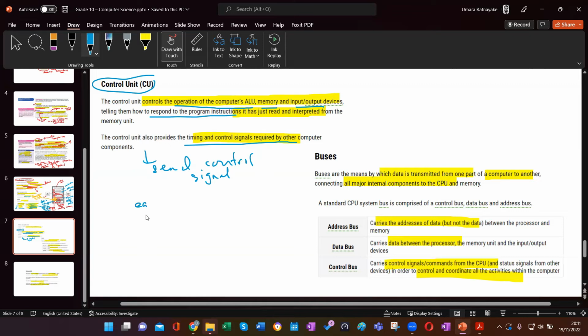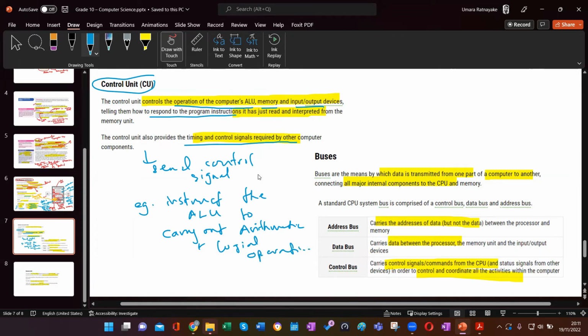So one example of control signals that this sends is, this will instruct the ALU to carry out arithmetic and logical operations.